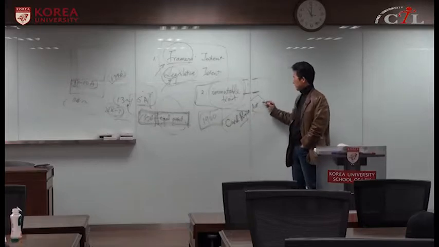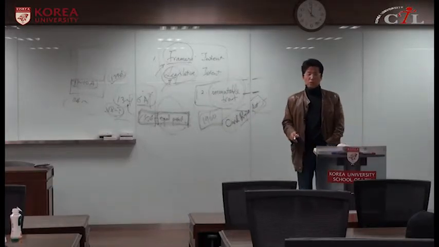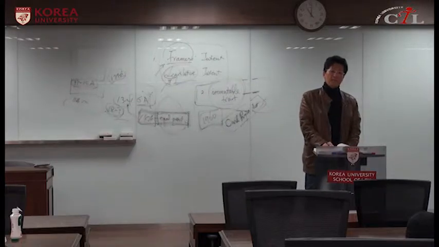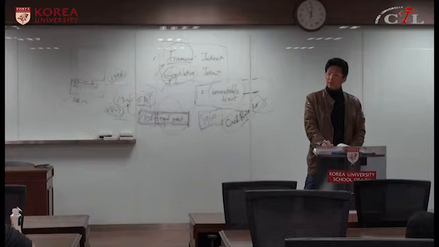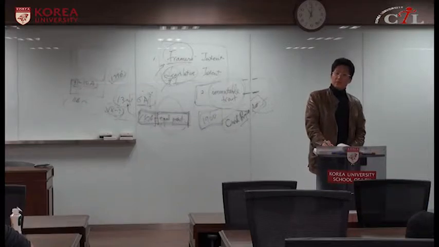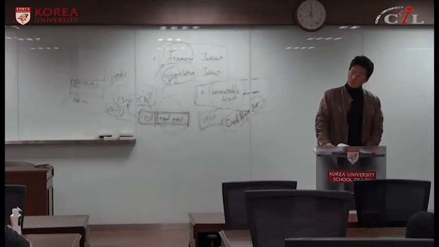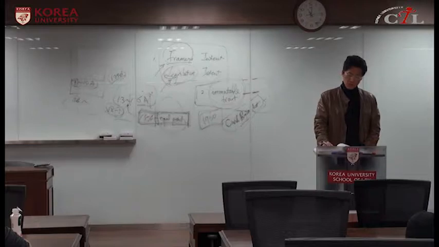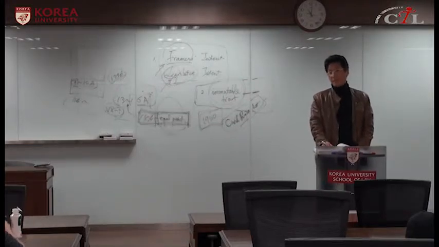So the Civil Rights Act was basically anti-discrimination law. Do we have a Civil Rights Act in Korea? 차별금지법이 있나요? We don't. The only one we have, actually you can say two, is one is 장애인 차별금지법, okay.